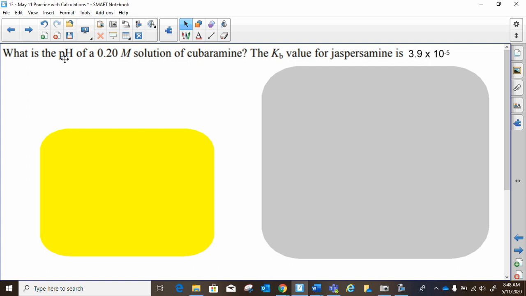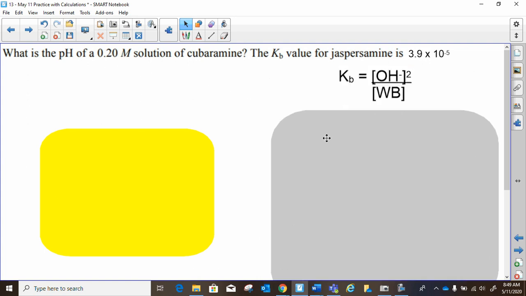Okay, it's going to require an extra step because we're talking about a base. So again, what do you know? You know the Kb, and you also know this 0.2. That 0.2 is the concentration of your base solution. Okay, very important because we're dealing with base.